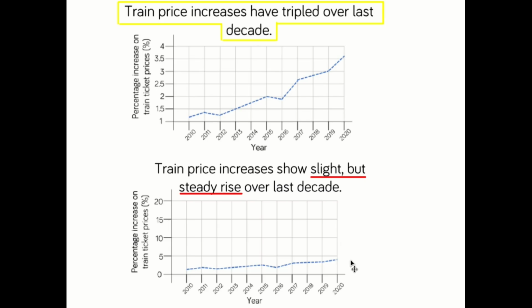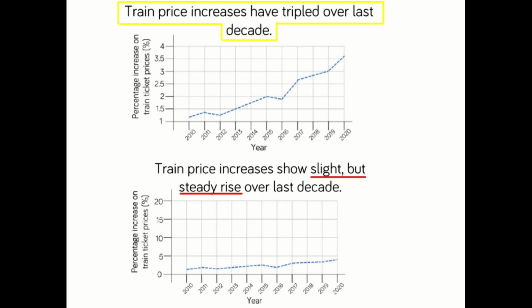You might be able to think about which different groups or organisations might want to do that. It might be in the interest of the train company to show this graph, because they might not want to show that prices have increased that much. Whereas a passenger who is frustrated by train price increases might show this graph and say, look, it's gone up massively.